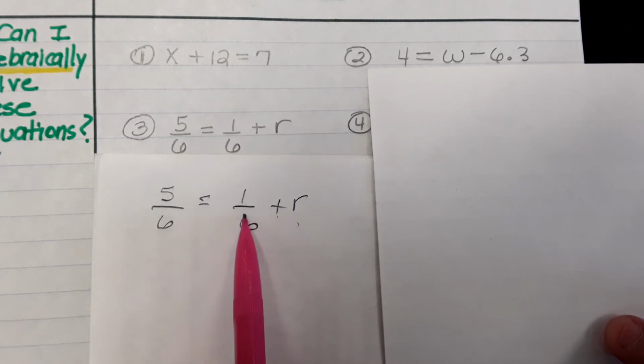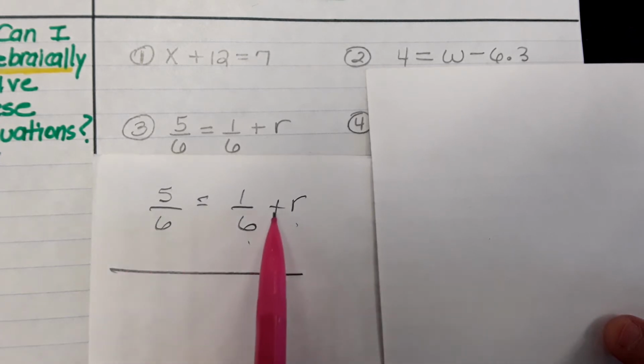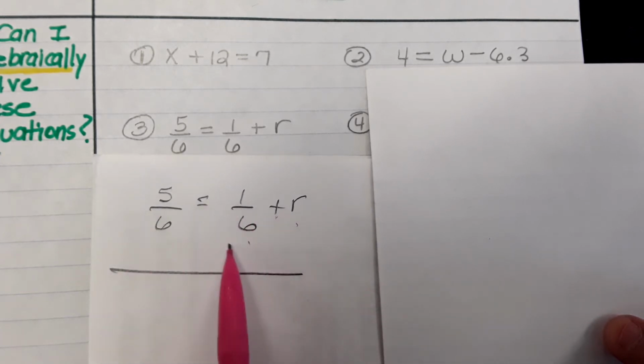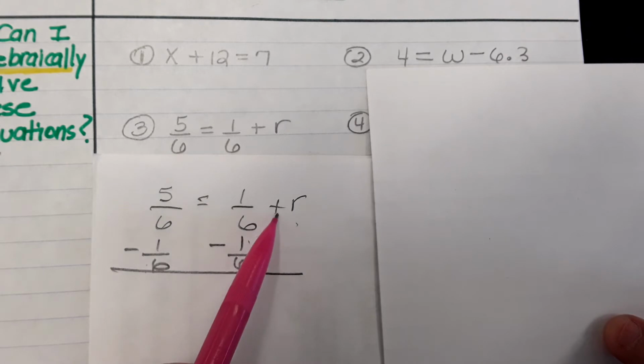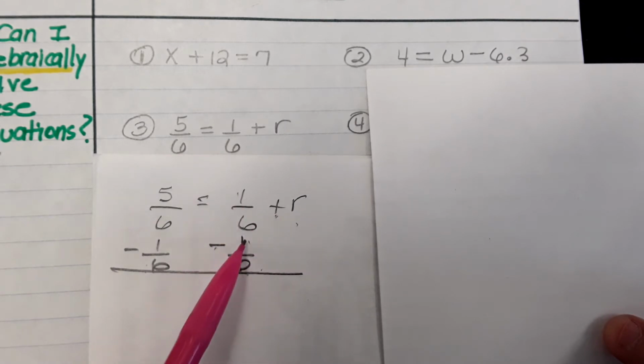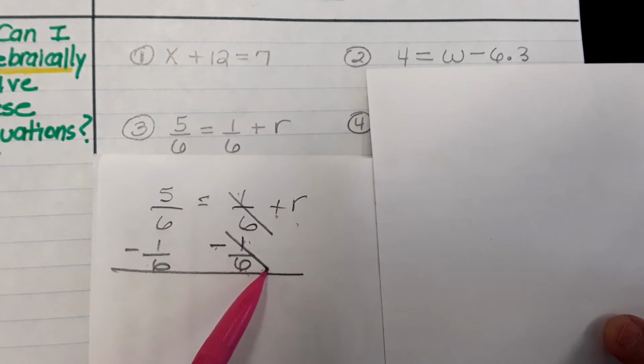They're adding 1/6. So the opposite of adding 1/6, the opposite of adding is to subtract. So I'm going to subtract 1/6 here, and I'm going to subtract 1/6 there, keeping that equation balanced. The plus 1/6 and the minus 1/6, well, those operations are inverses, so they cancel out.